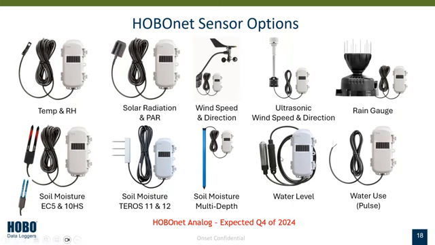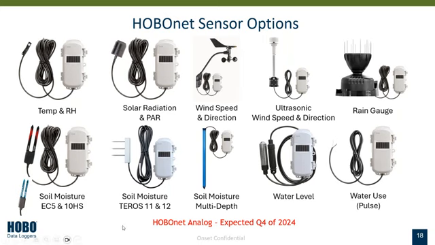Then we have water level, which is probably most often used in these applications. And then really it's a pulse input adapter. This mote right here, I like to say, is used a lot for water use. You could tie this to a flow meter, for example, and get totalization via pulse. It's used a lot for groundwater pumping wells, but there are other uses for pulse too.